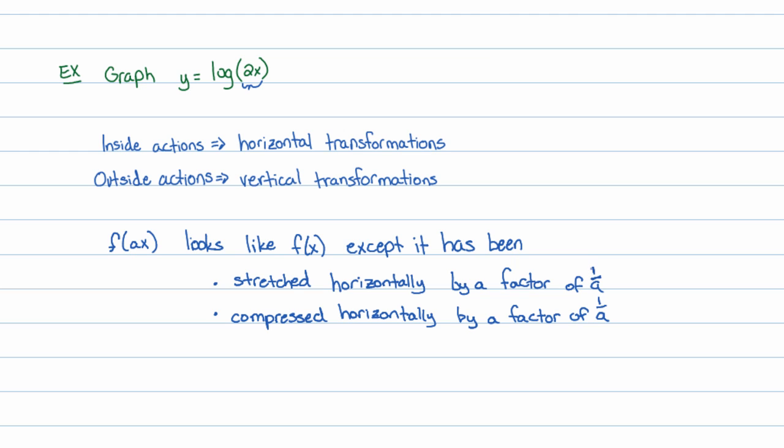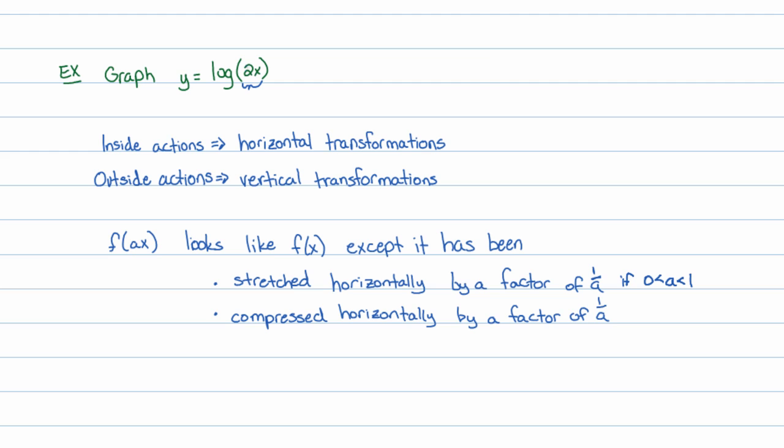It's the multiplicative inverse. Okay, so in this case, if a is between 0 and 1, then we are going to be stretching. So that's kind of opposite of what we would think.